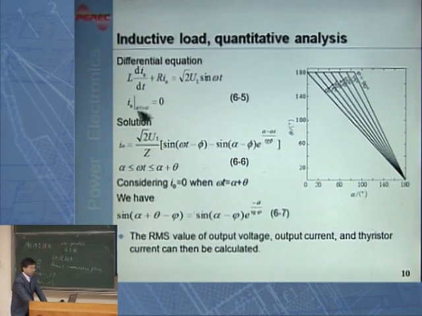And then I have the initial condition: at the instant omega t equals alpha, this current is 0. This current will always be increasing from 0. And therefore, you solve this differential equation, and you can find out the representation for the load current.